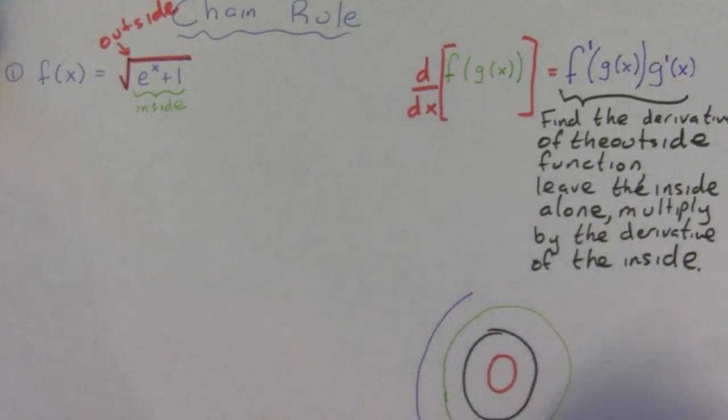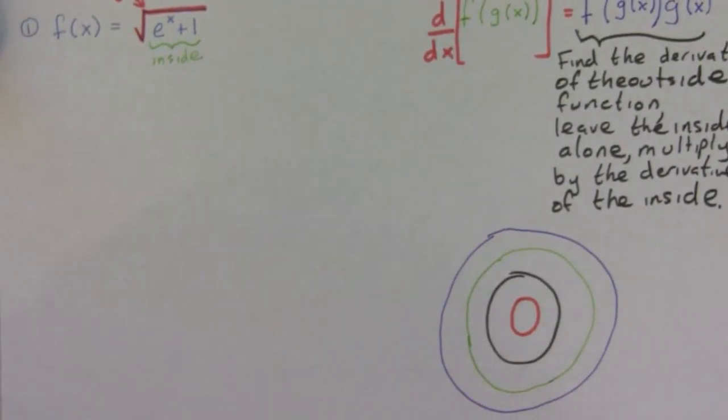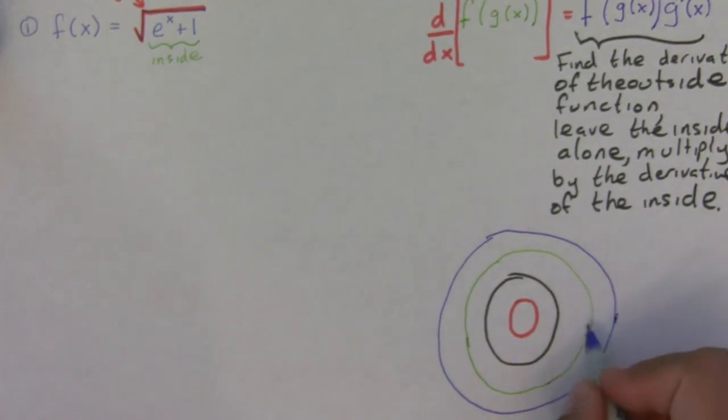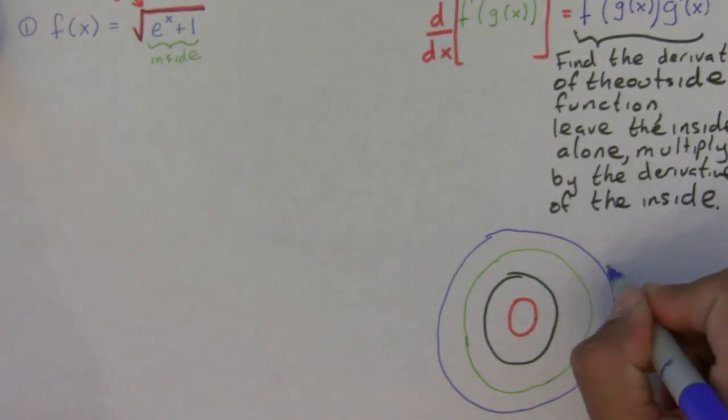Now this is going to sound kind of silly, but this is the way the chain rule works. Here the blue is the most outside function. Inside this is the green function, and then inside that is the black function, and inside that is the red function.